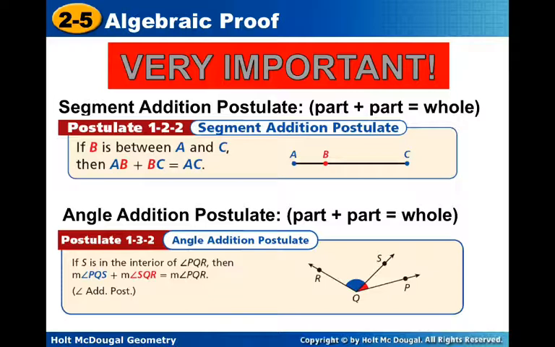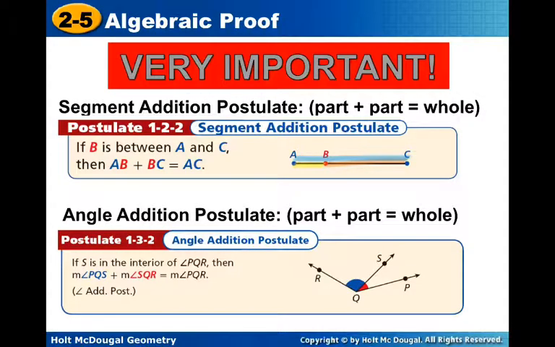Okay, when we're doing proofs on segments, one of the things that we use a lot is called the segment addition postulate. We've already talked about this in class, and it basically says if you have a segment AB, the length of segment AB plus the length of segment BC gives you the whole segment AC.